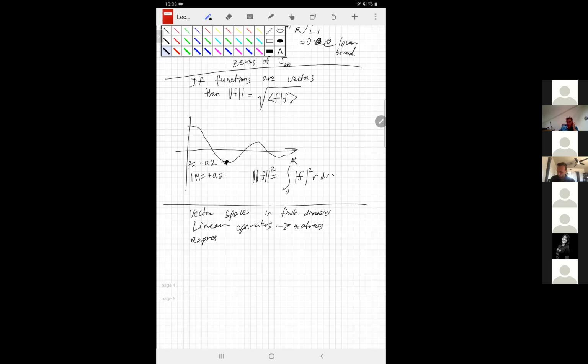We could represent the elements of the vector space with column vectors. And so you've got a matrix acting on a column vector, and that equals a new column vector. All right.